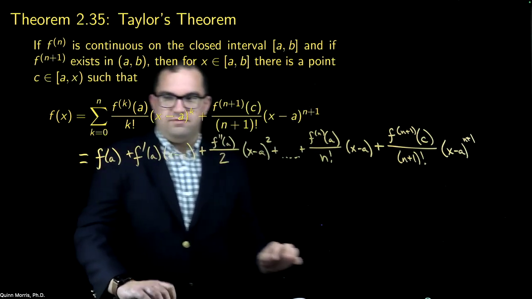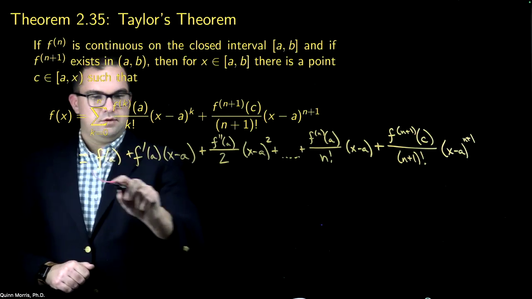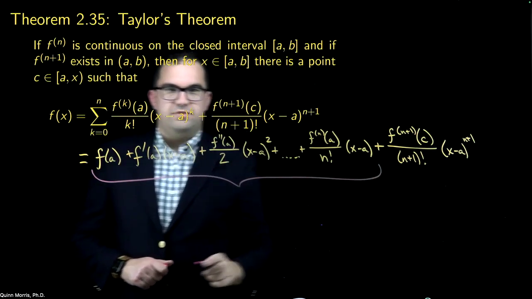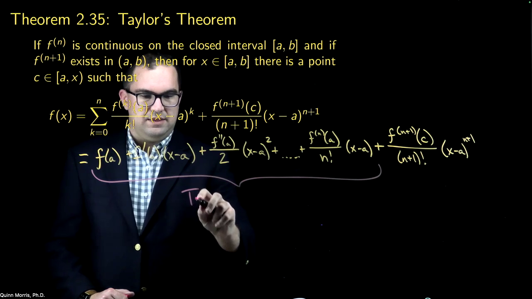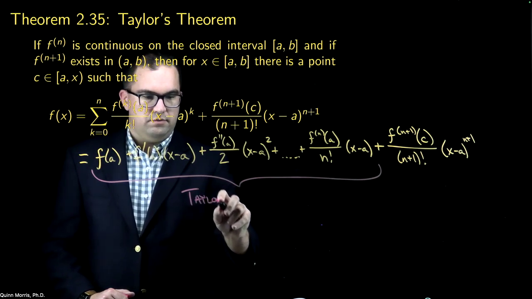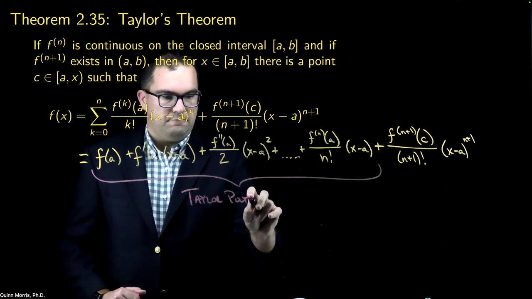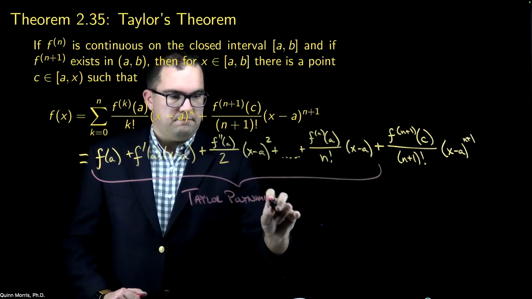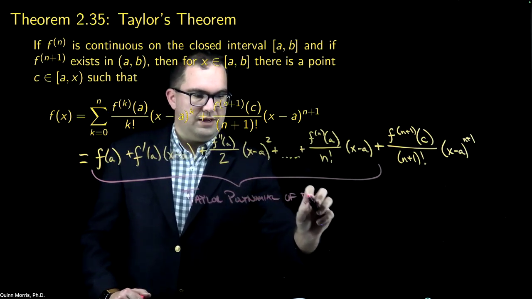Now, we can really think of this in two pieces. This piece we think of as being the Taylor polynomial of degree n.